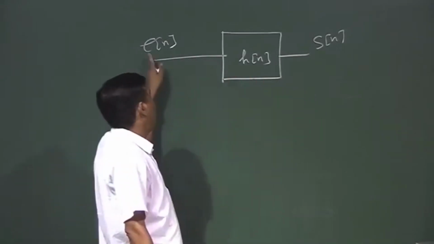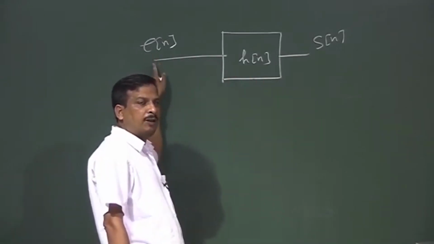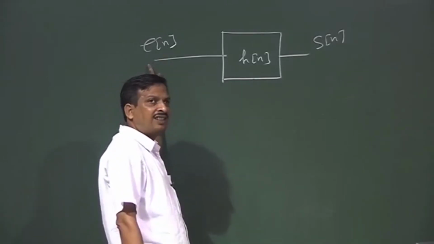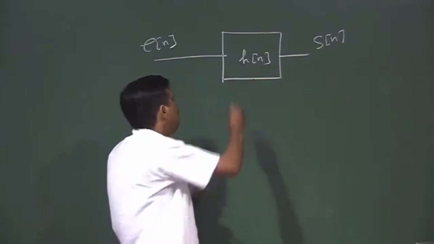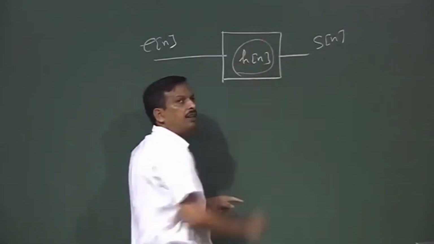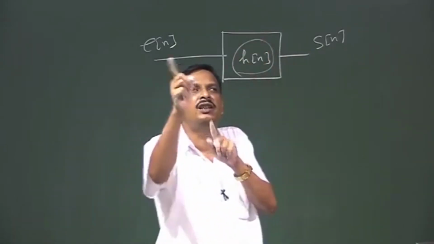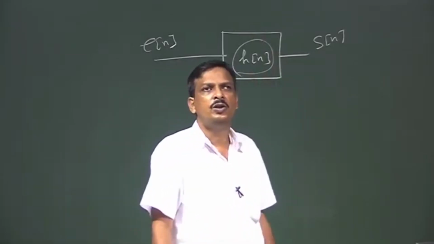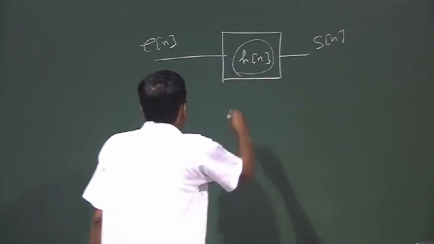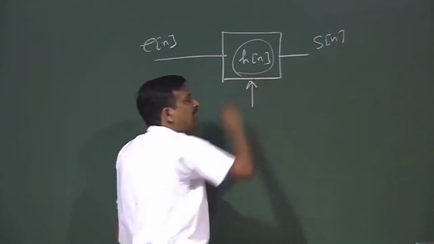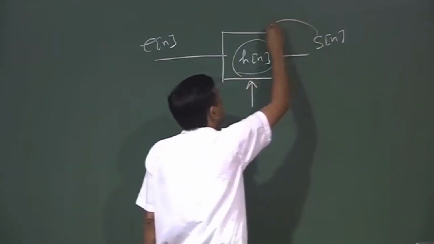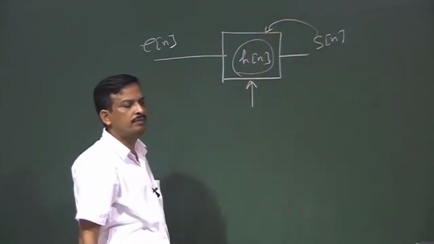In a voiced signal, the excitation is present and that excitation is the same for all voiced signals. The only difference is the shape of the vocal tract, which is different, so a different kind of speech signal is produced. So our ultimate aim is to find the actual representation of H(n) from S(n).